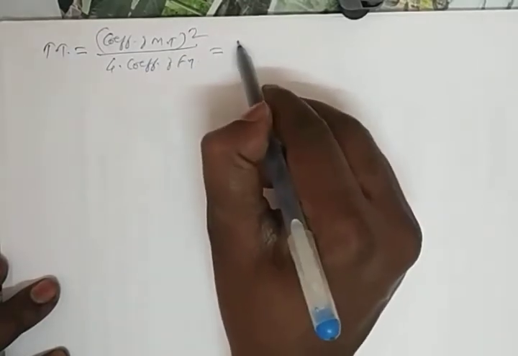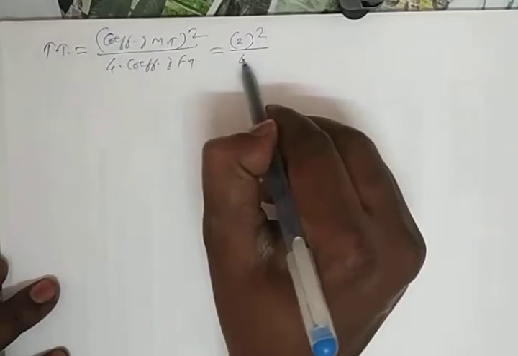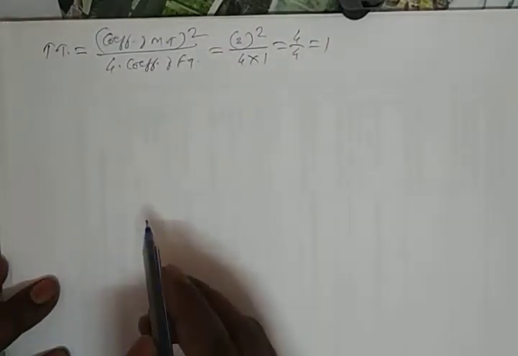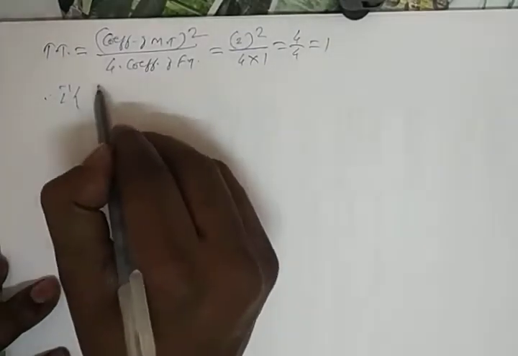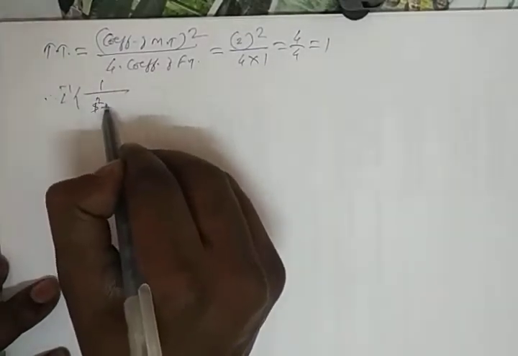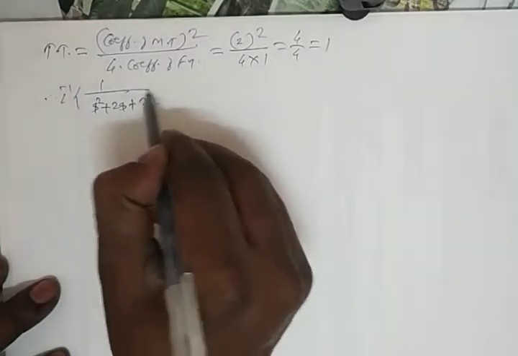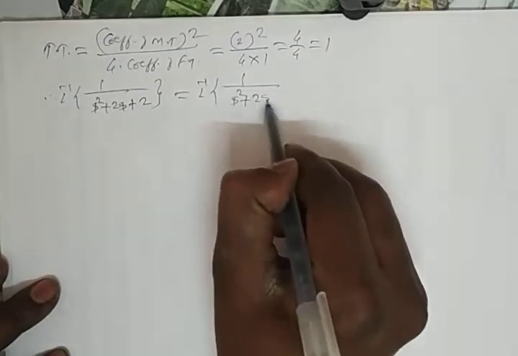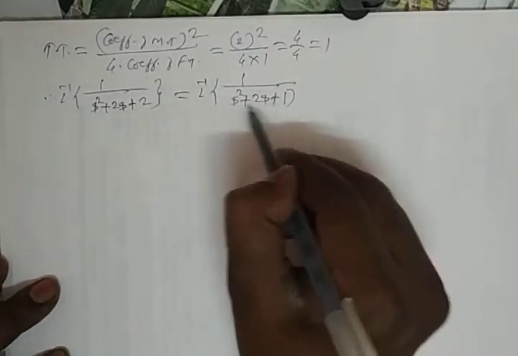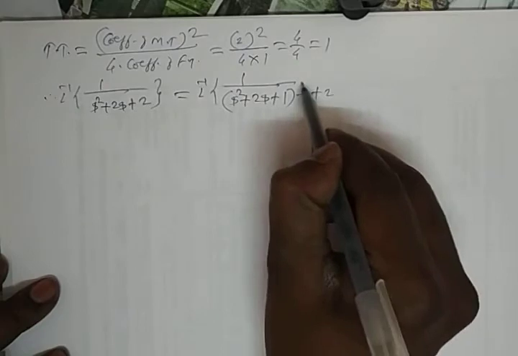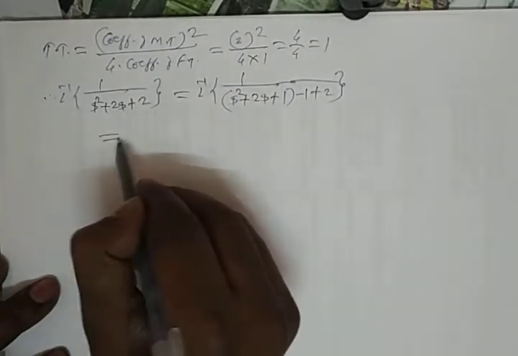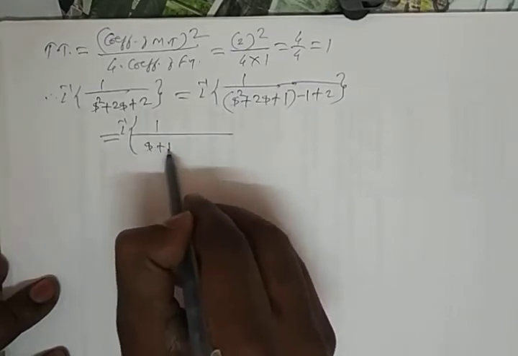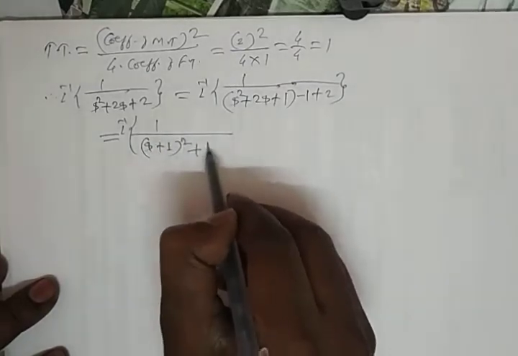So coefficient of middle term is 2, bracket square, upon 4 into 1, that is 4 by 4, that will be 1. Therefore Laplace inverse of 1 upon s square plus 2s plus 2 can be written as Laplace inverse of 1 upon s square plus 2s plus 1 minus 1 plus 2, that is equal to Laplace inverse of 1 upon (s plus 1) bracket square plus 1.